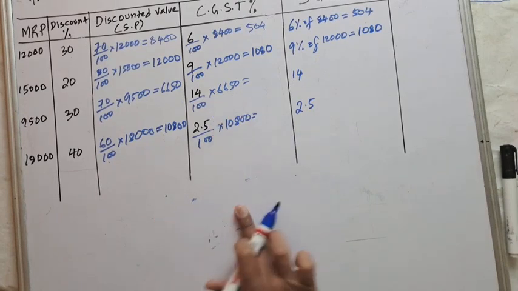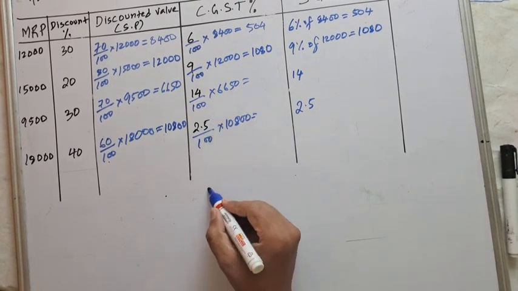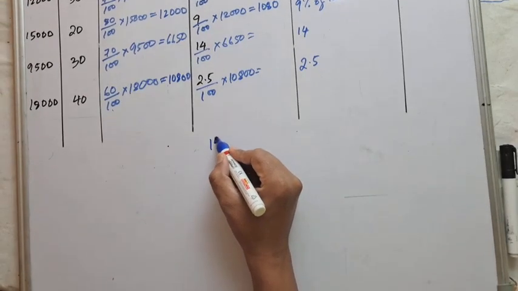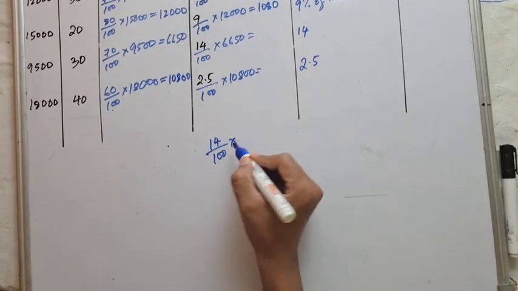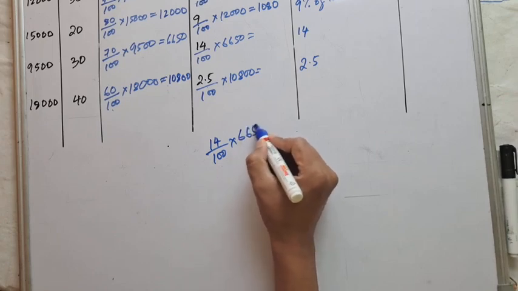Similarly, 14% of 6650. Let us calculate this. 14% of 6650.